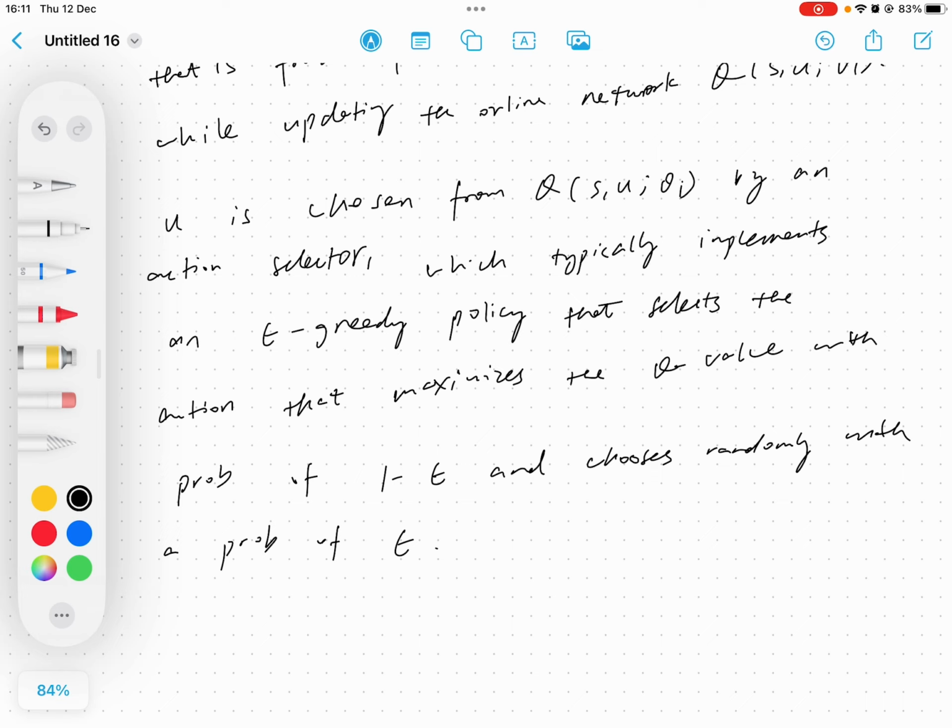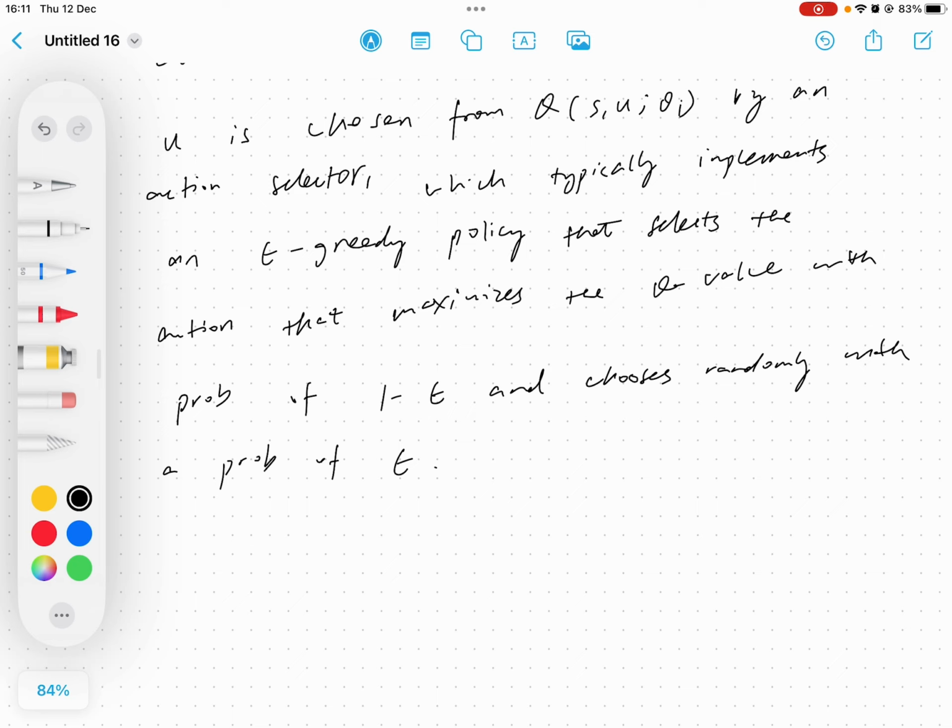So it means that sometimes it simply doesn't choose the one that maximizes the Q value, and it's simply randomized to avoid the issue that we just mentioned.